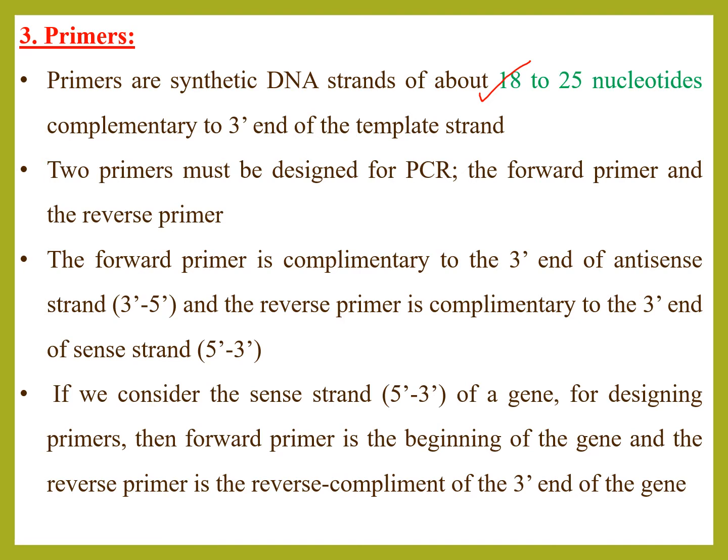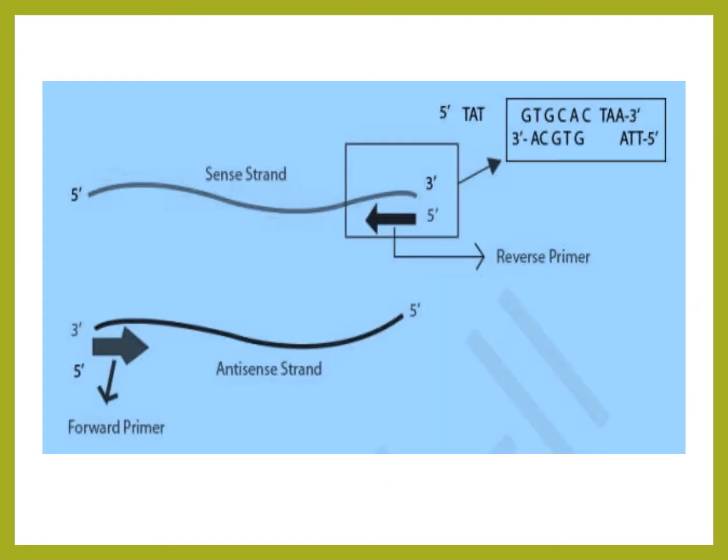If we consider the sense strand of a gene, that is 5' to 3', then for designing primers, the forward primer is the beginning of the gene and the reverse primer is the reverse complement of the 3' end of the gene. In this picture, you can see the sense strand and the antisense strand.